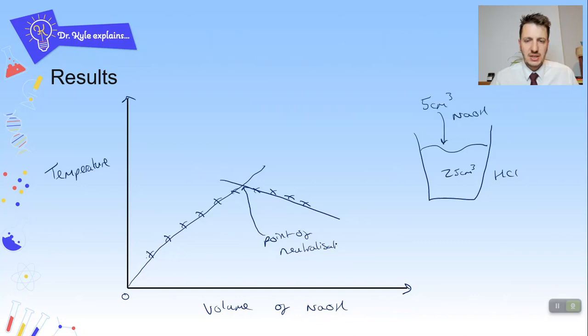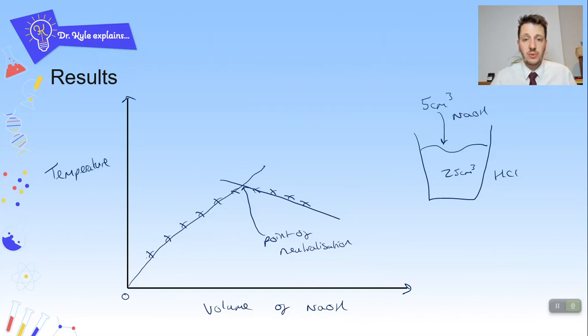And what you need to understand here is that as you are increasing the volume of NaOH, the temperature is increasing. Hopefully we can see that nice and easily on the graph. But eventually the reaction stops because there is no more HCl to react with, and so you've neutralized everything.